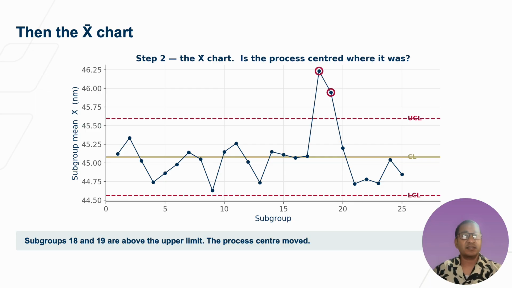That is a substantial shift in process terms, and it is completely invisible against specification, which allows 4 nanometers of total range. So on a real line, hold the affected lot, check whether the shift persists in lot 20, and start at the maintenance and recipe logs for the shift covering lots 18 and 19. The chart has given you a magnitude and a direction and a timestamp. It hasn't given you a cause yet.